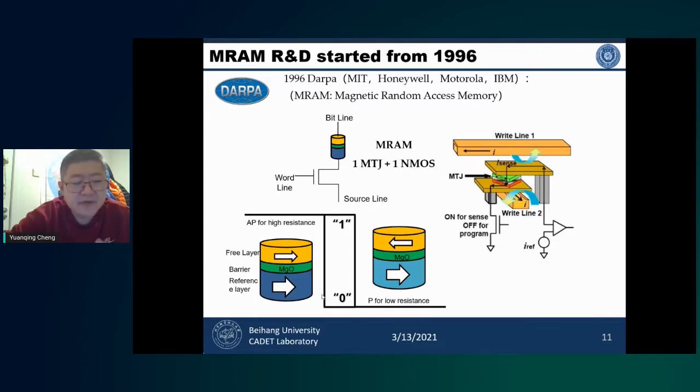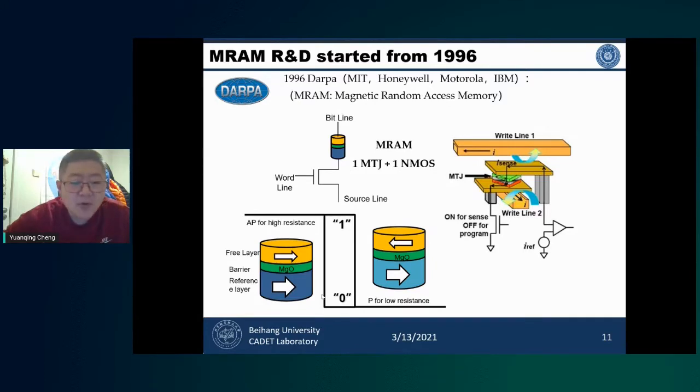The magnetization of the reference layer cannot be changed, it is fixed. We can only change the magnetization of the free layer. If they are the same, this MTJ has low resistance, otherwise it has high resistance.